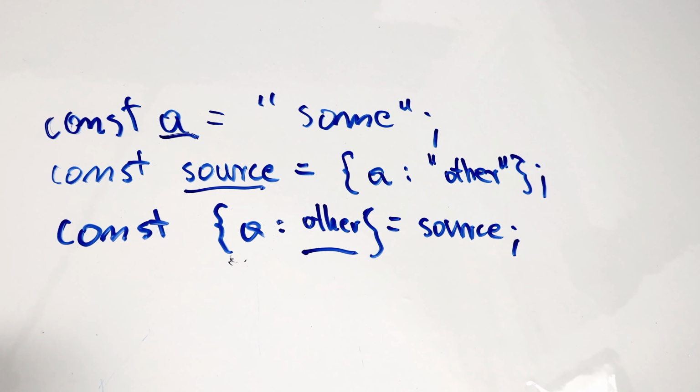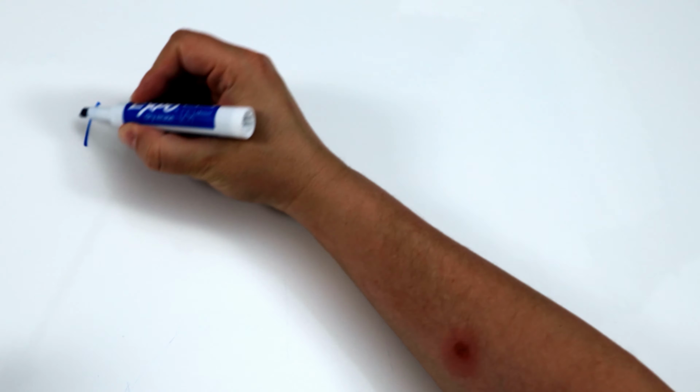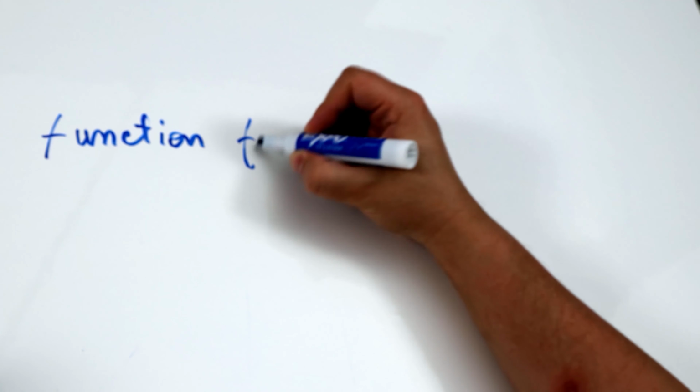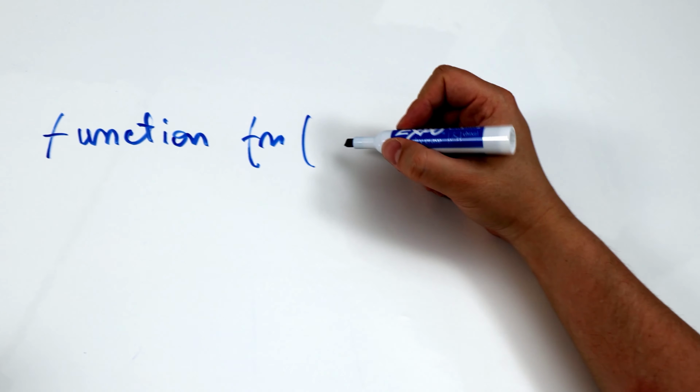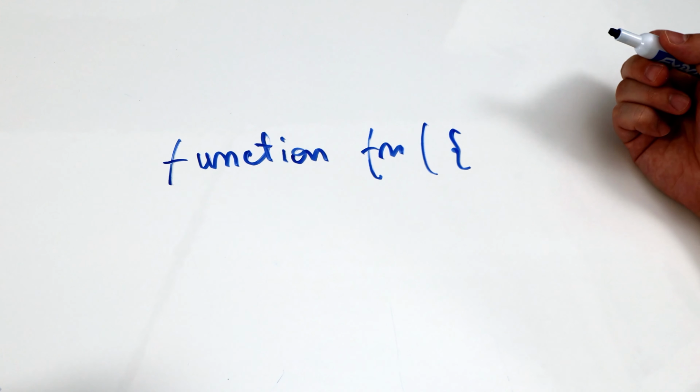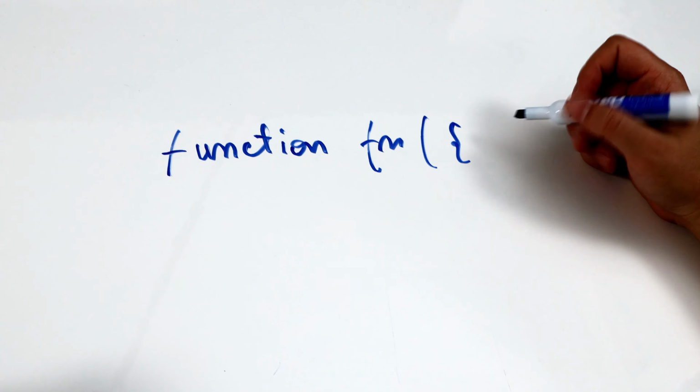Finally, you can use destructuring assignment in the arguments list. To illustrate, again, function fn, and we can already open an object using the destructuring assignment.